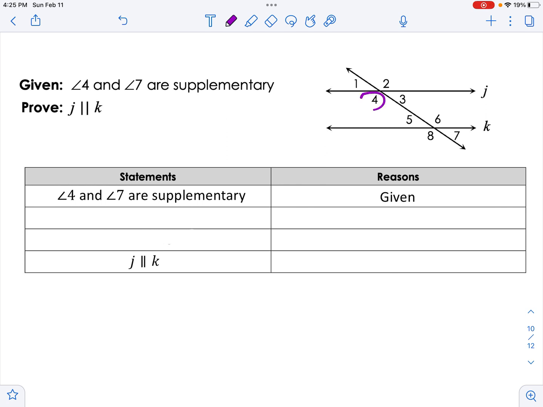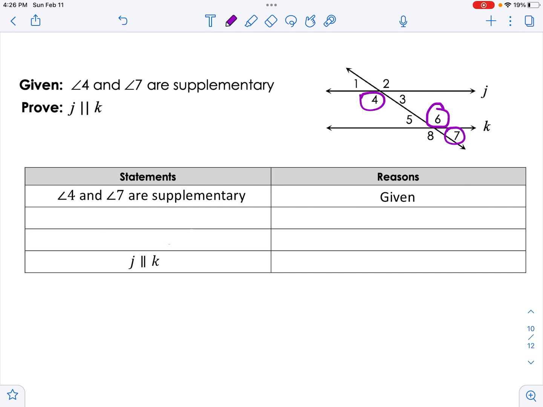Okay, so that's this one and this one. Well, I can say that 6 and 7 have to be supplementary as well because they are a linear pair. If I can get that, then I can say that these two are congruent, because they're congruent to the same angle.